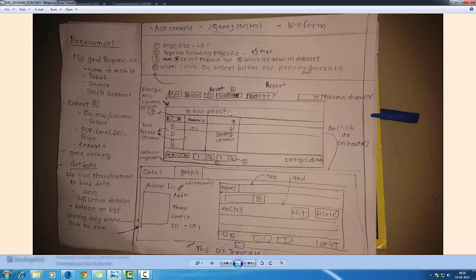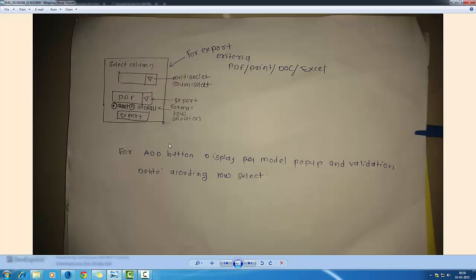Along with that, my client requires another thing: sometimes he doesn't want to export all the columns, as we previously talked about rows. So he wants to export only particular columns. Here is my requirement: in this drop down, I want multi select checkboxes.